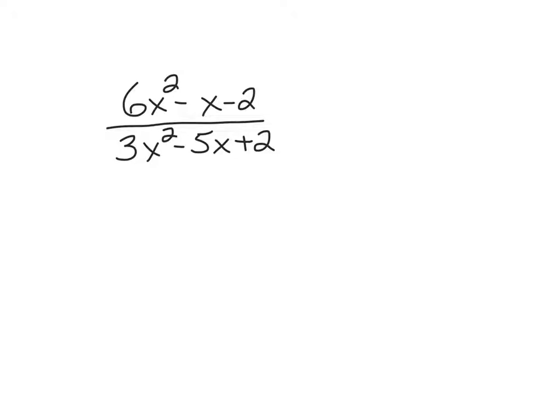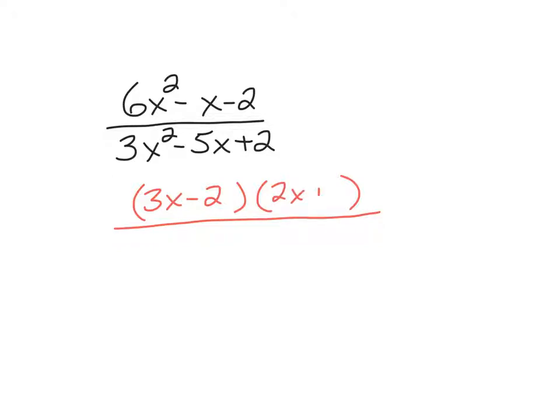Here's one that has a trinomial on the top and also a trinomial on the bottom. So I'm going to use the skills that we talked about in chapter 4, and we are going to factor both of these. If I factor the top, 6x squared subtract x subtract 2, I could get 3x subtract 2 and 2x plus 1. Now I know I went through that quickly, but that's just a review of chapter 4 material.